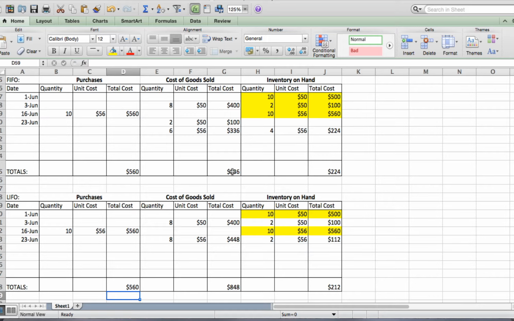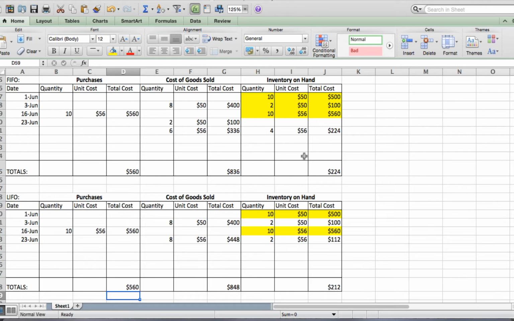If we sell all of the inventory that we have and it's all gone, under all 3 of the methods, the bottom line totals will be exactly the same. Okay? So the only difference is when we still have inventory on hand, that's going to be valued differently under each method, and our cost of goods sold will be valued differently. Once we sell it all off, it doesn't matter because it all equals out to the same in the end.